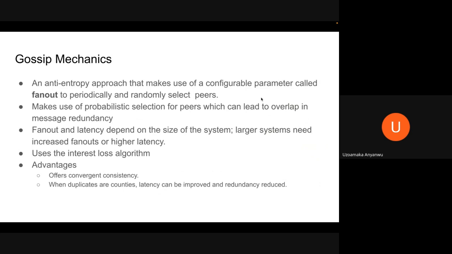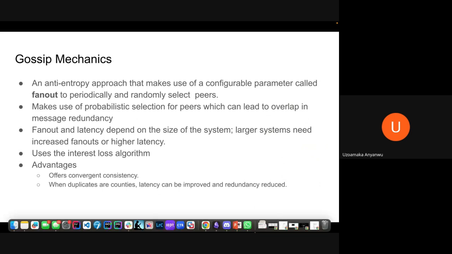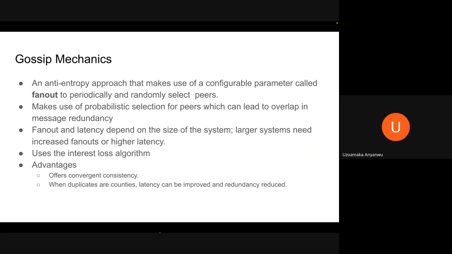Fan out goes hand in hand with latency, but it also depends on the size of the system. In this context, whenever a process learns about a new piece of information from its peers, it will attempt to pass it on further. Sorry, this part really confused me a bit, so I might not dwell on it. But that's what I was able to elaborate.